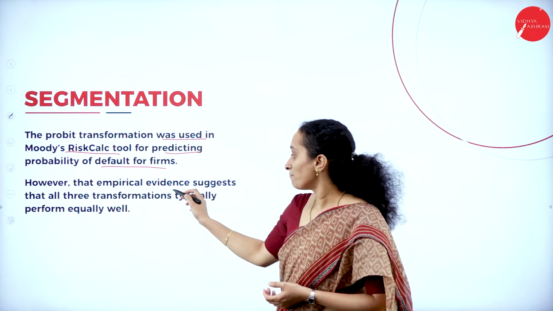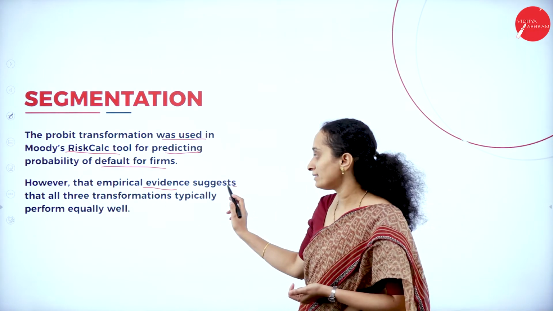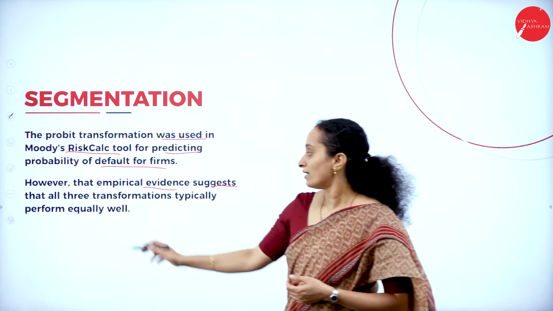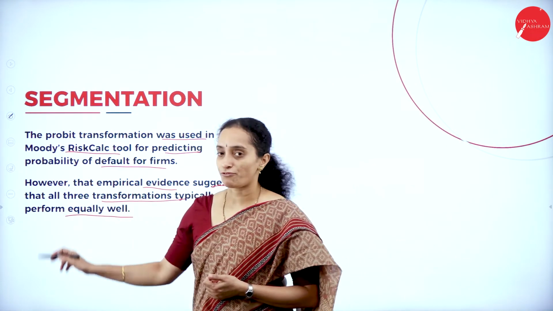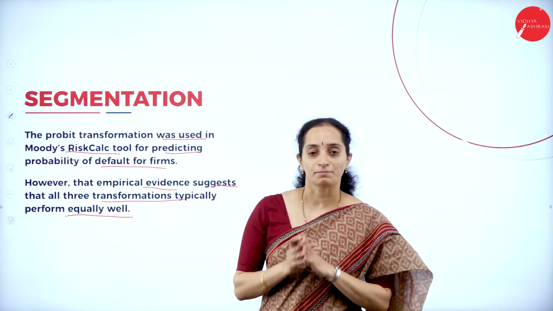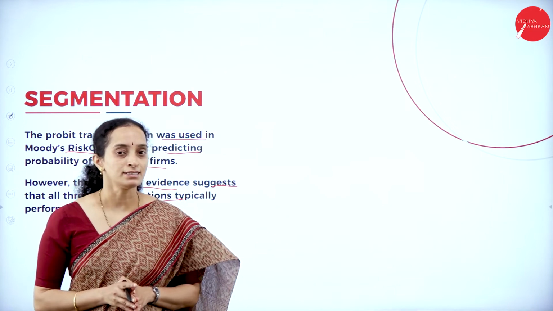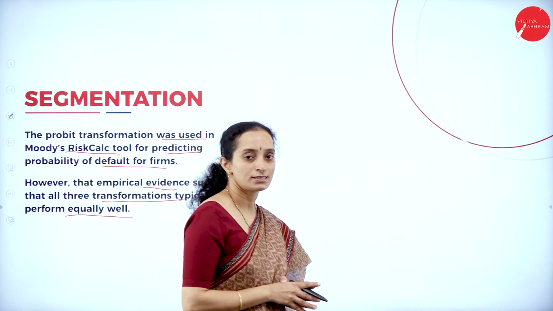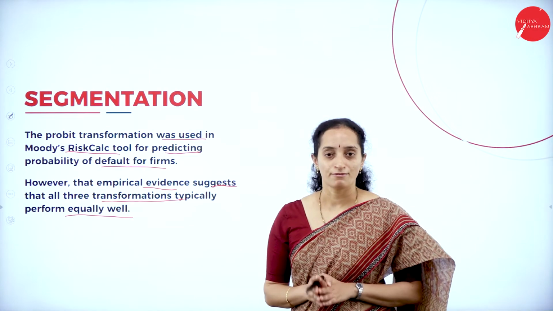However, the empirical evidence, the e to the power of minus z evidence, suggests that all three transformations will typically perform equally well. The transformation techniques used in logistic regression will always work well.